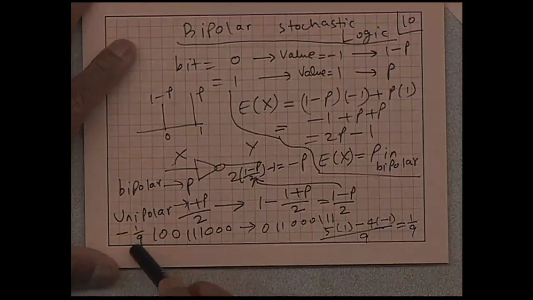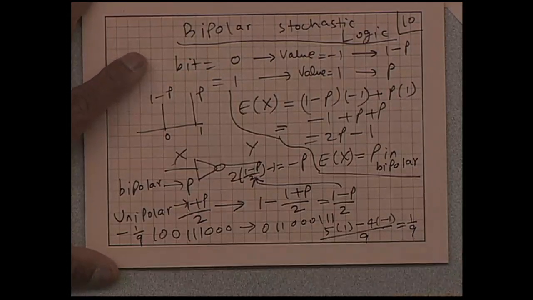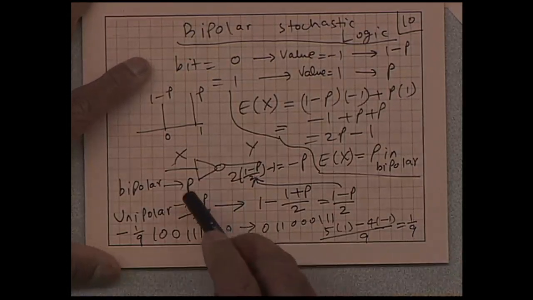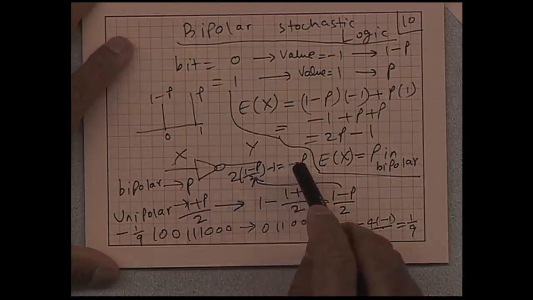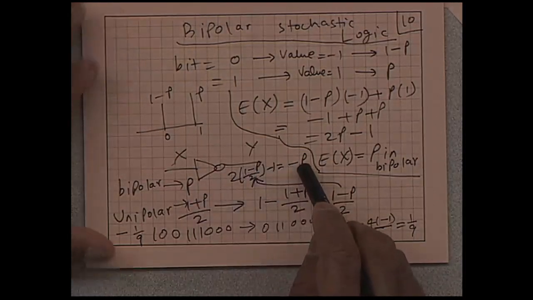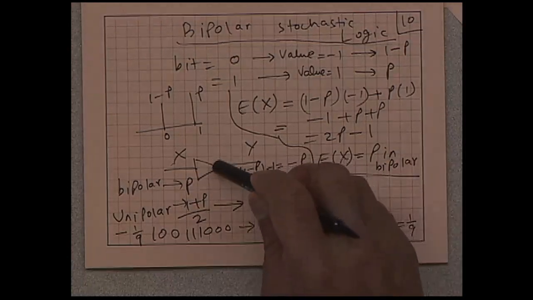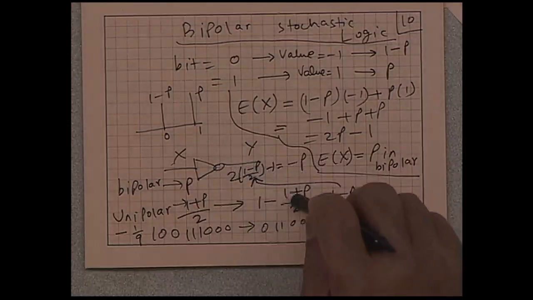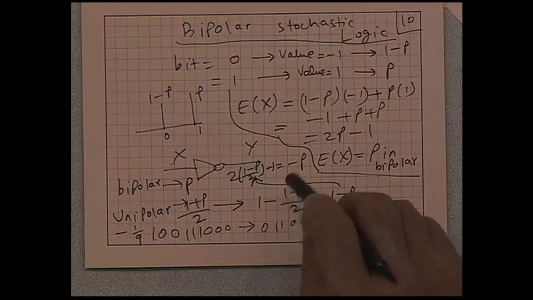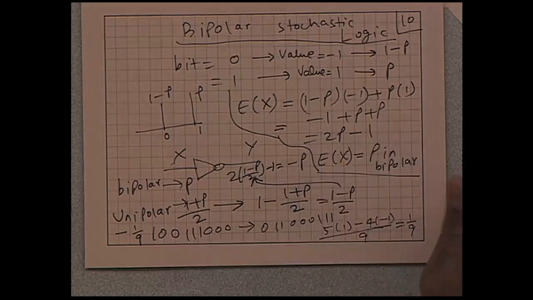So input minus 1 by 9, output plus 1 by 9. In general, bipolar input P, bipolar output minus P. So that's the output. So an inverter outputs 1 minus P in unipolar and minus P in bipolar.